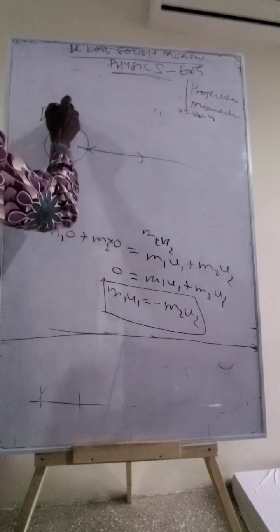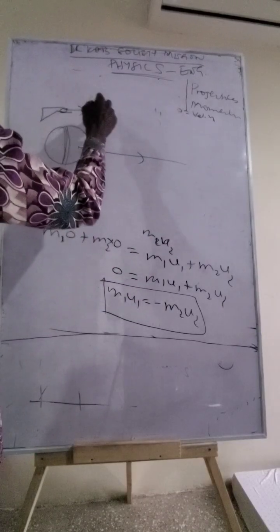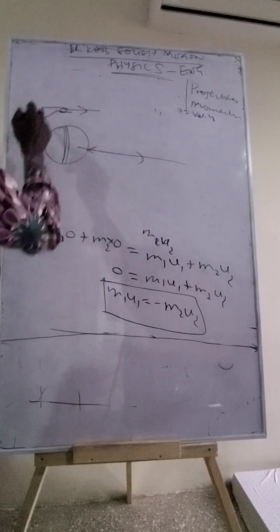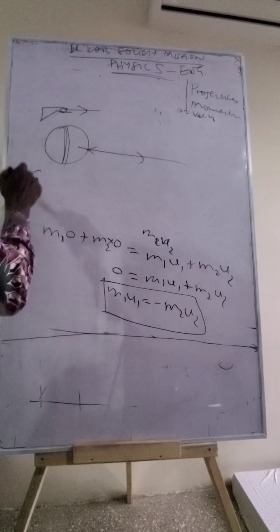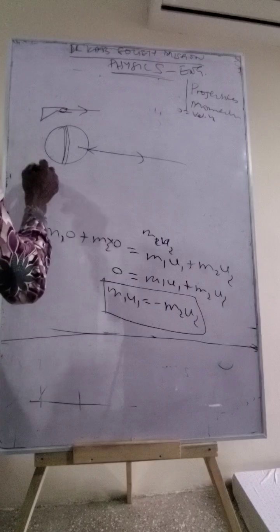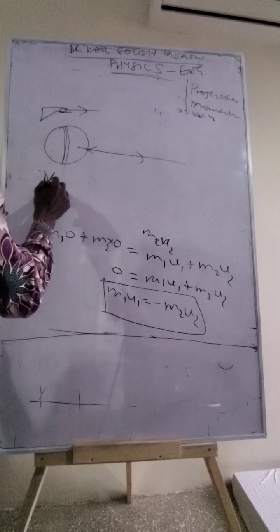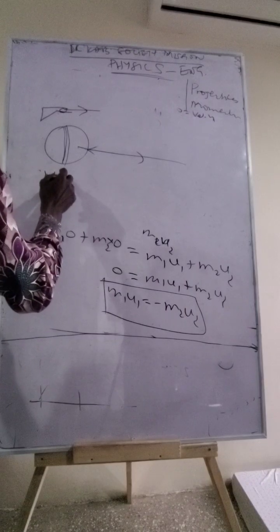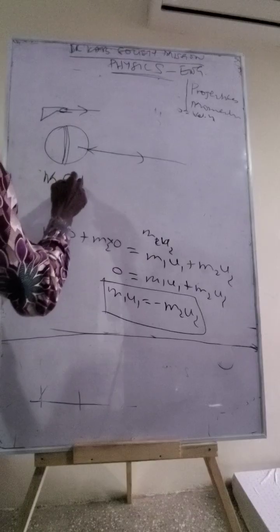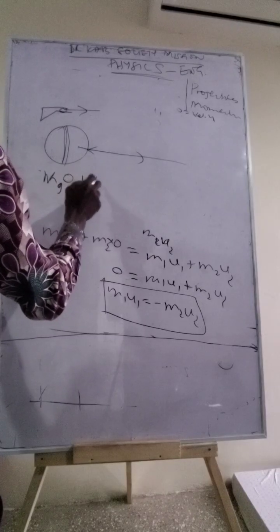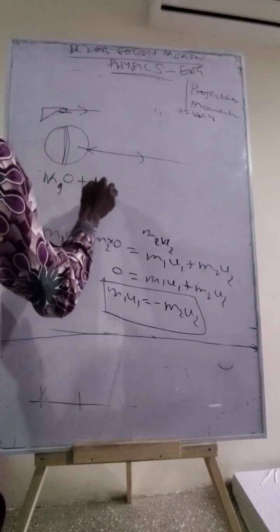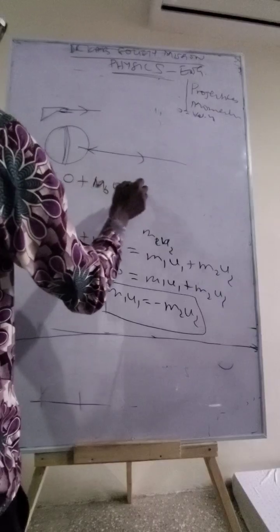Now when this is shot, it's going to move with a certain velocity. The initial velocity of the gun, or let's say M gun, its initial velocity is 0, plus the bullet, M bullet, 0 is also 0.